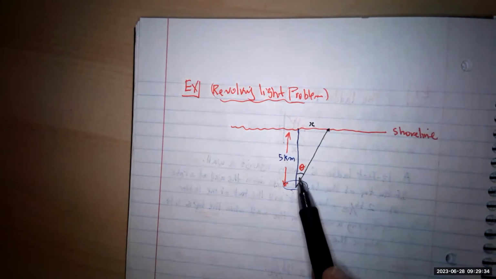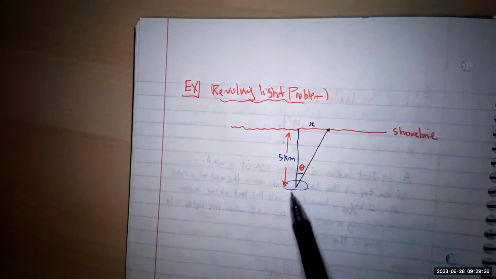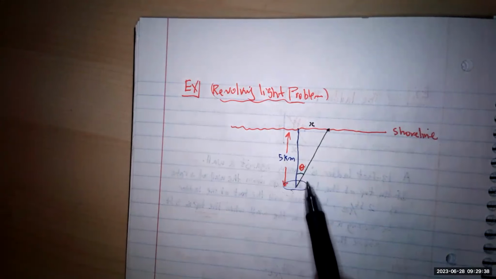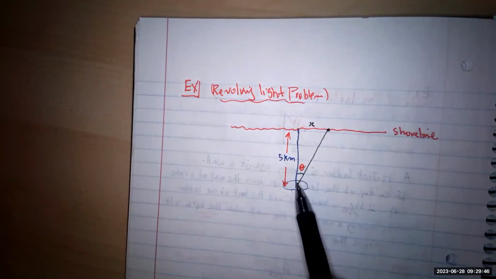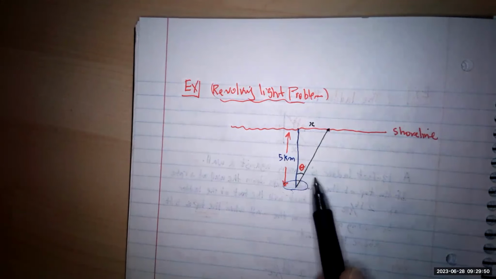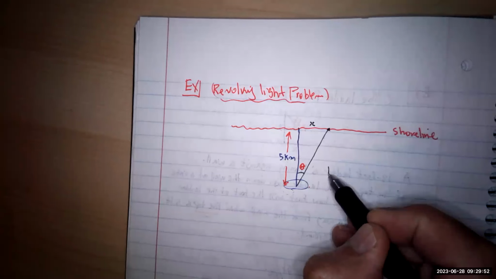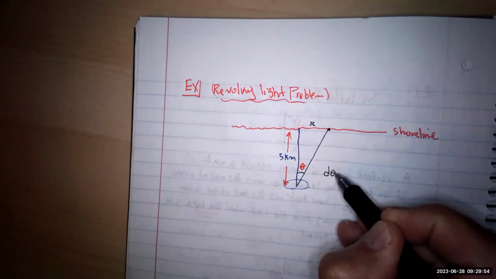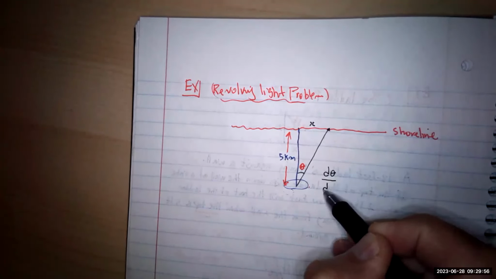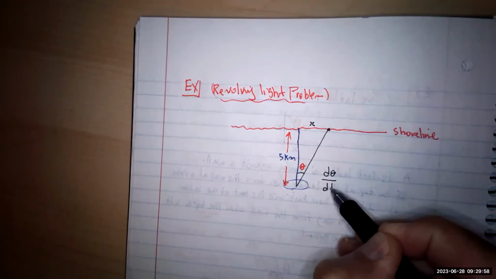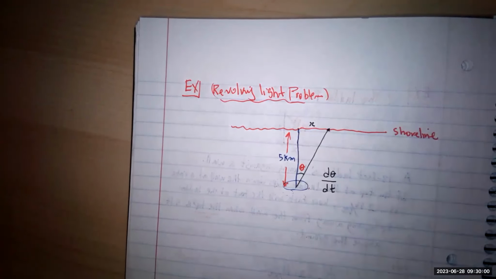As the light revolves around, there's going to be a speed denoted by d theta over dt. We call it angular velocity.